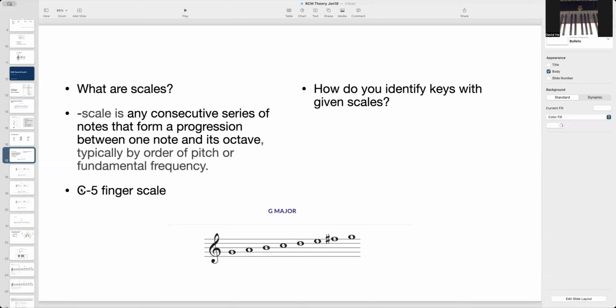That's what we call a major scale. If there is, for example, G A B C D, that's five notes in here. We call it a five-finger scale. In this case, it's a G five-finger scale. There are C five-finger scales too.